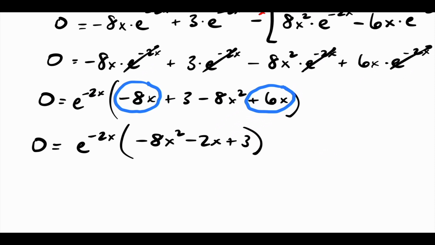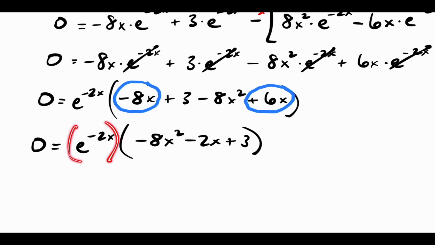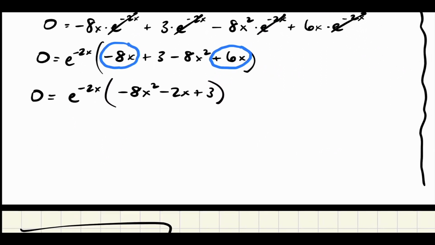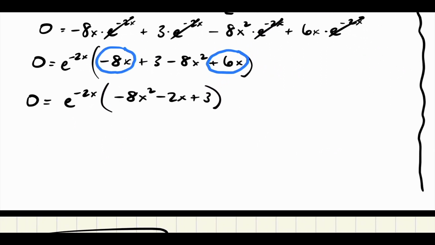They're both being multiplied together. I have this guy on the outside and then my parentheses. They're both being multiplied together to make 0. So that means I can set them both equal to 0. So I'm going to set this guy equal to 0 and set this guy equal to 0.